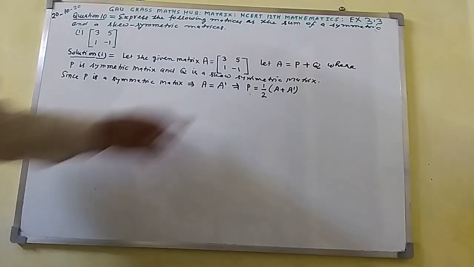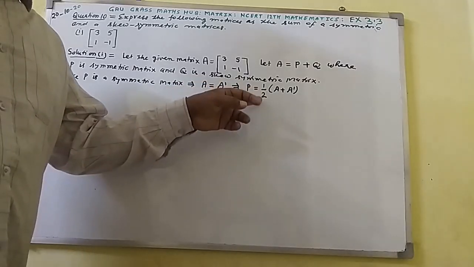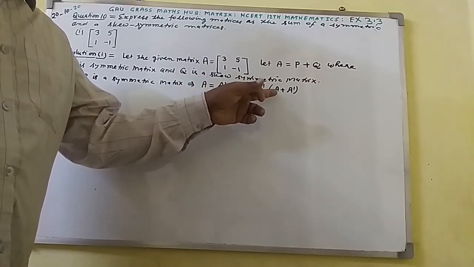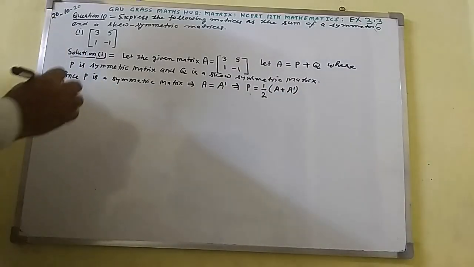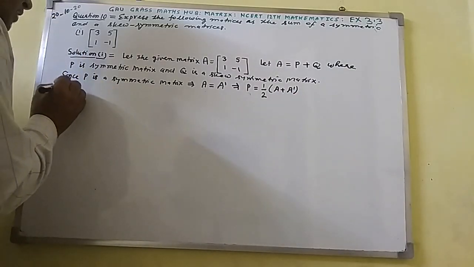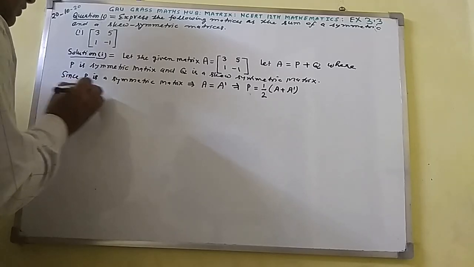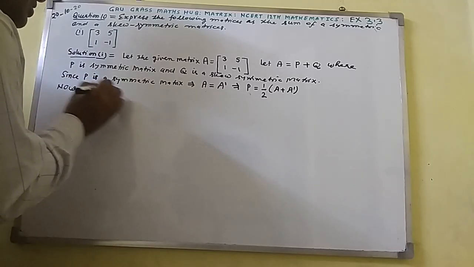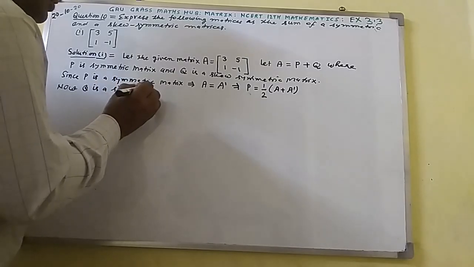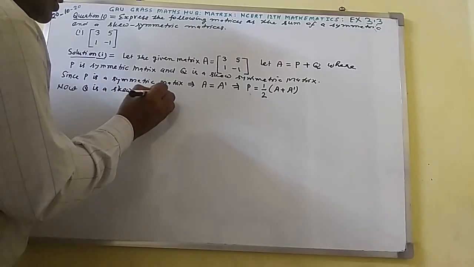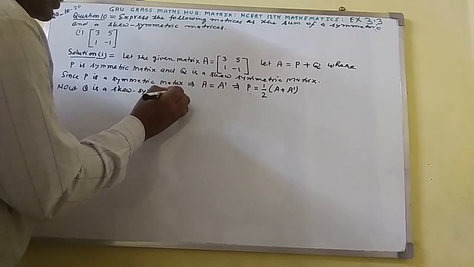So here you have got P equal to 1 over 2 in bracket A plus transpose of A, bracket close. Now Q is a skew symmetric matrix.